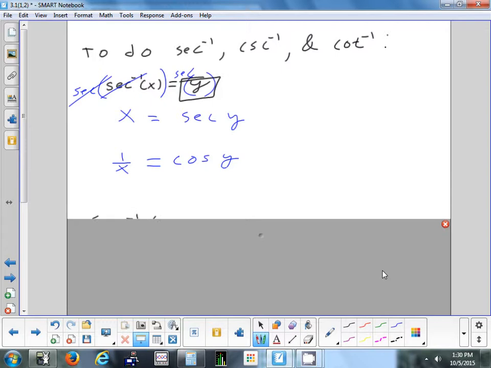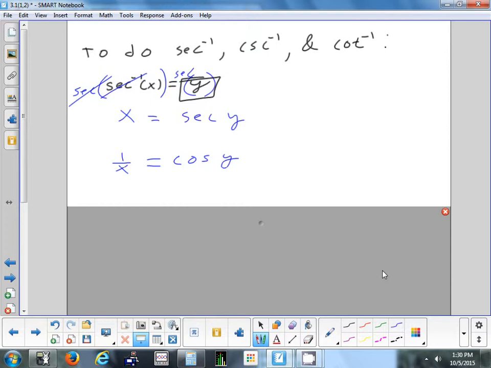And now my last step, I want to get y by itself. How can I get rid of this cosine? I can't divide by it because it's a word. But it's kind of the same idea that I did up above. George? You could do the inverse. Yeah, the inverse cosine.